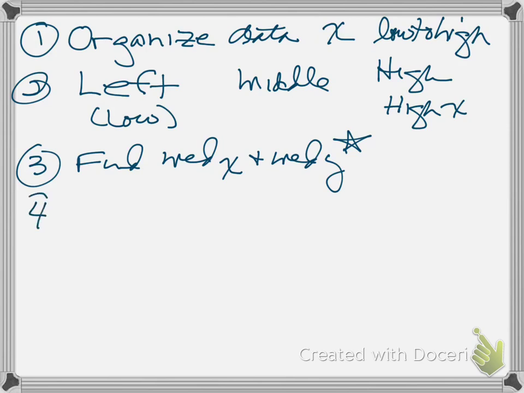Okay, so then the next thing they tell us to do is find the line through the 2 outer values. So that means you're going to find it through the left median values and the right. Sorry, I'm going to erase this. I'm going to say this is right.